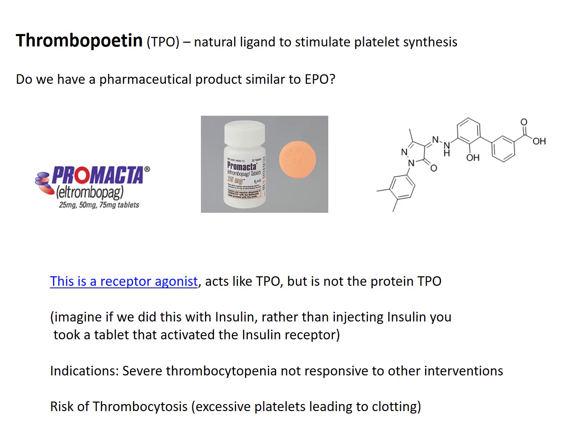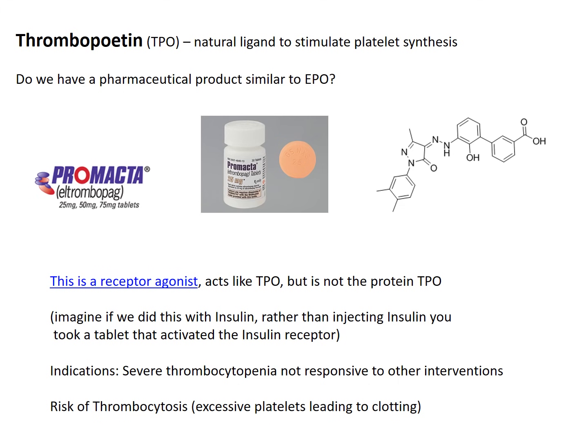There's the generic term for it, eltrombopag. This is not a protein, but what this drug does is it stimulates the TPO receptor, right? Very interesting concept here. So rather than giving the protein, we give a drug that stimulates the protein's receptor.